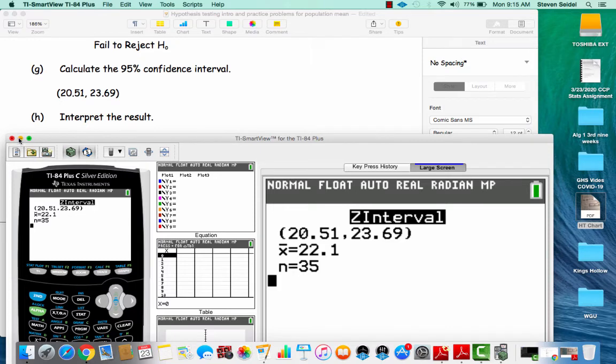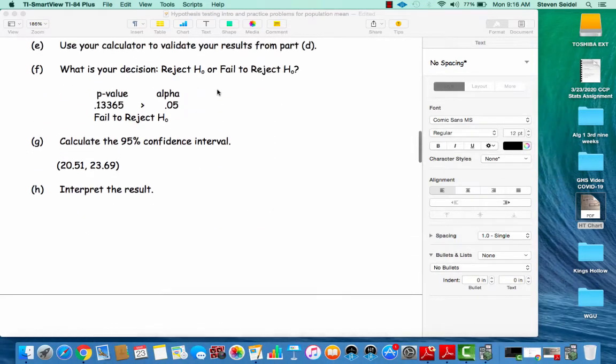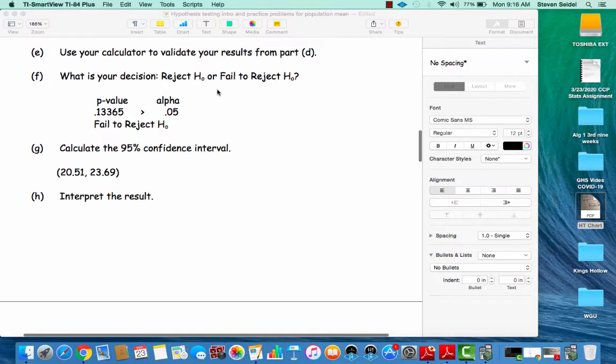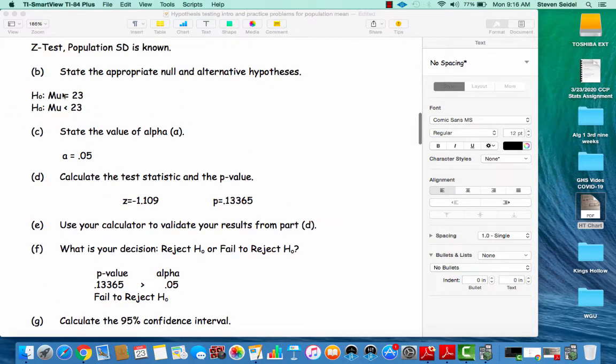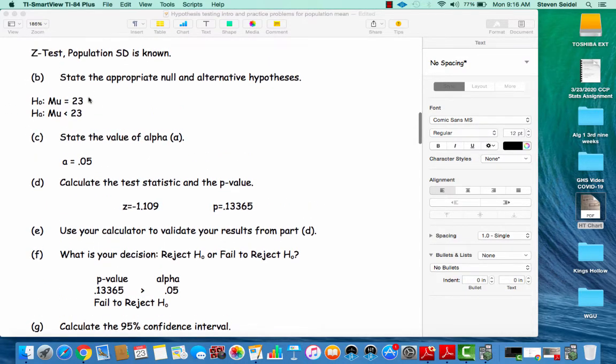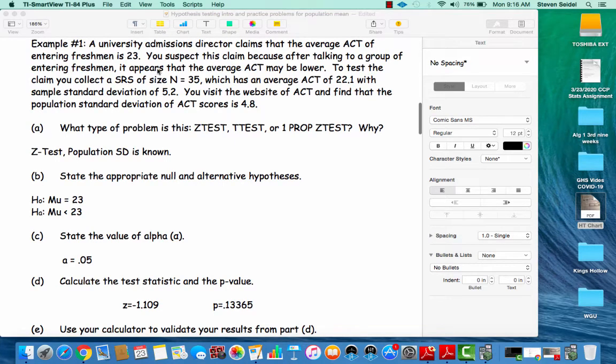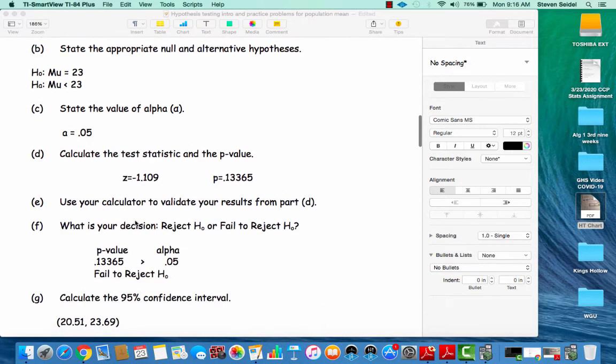Well, now what? Think about the decision that was made: fail to reject the H sub O. Think about this confidence interval. Think about our alternative and null hypothesis. This director made the claim 23. We think it's lower, and we took a sample and the mean was lower, like 22.1, but that was just a sample size of 35.